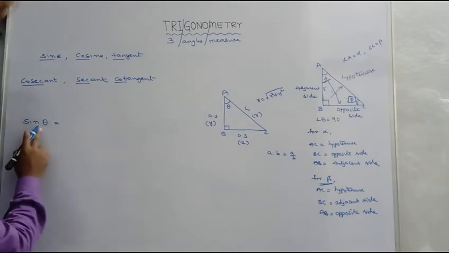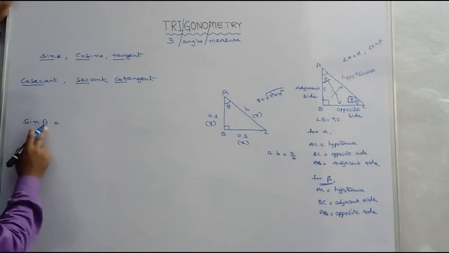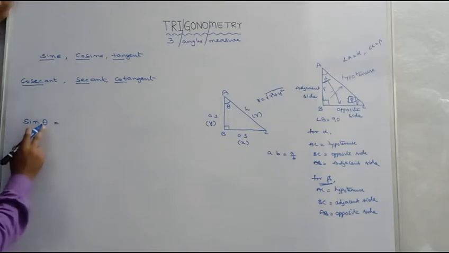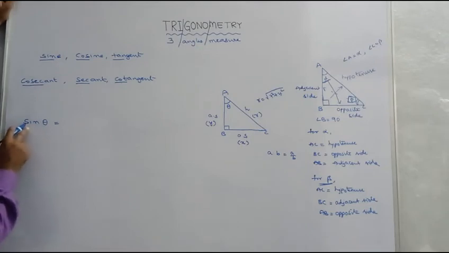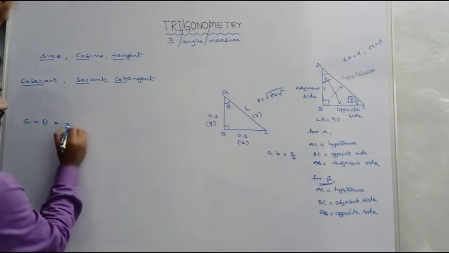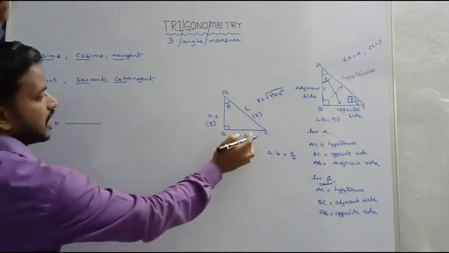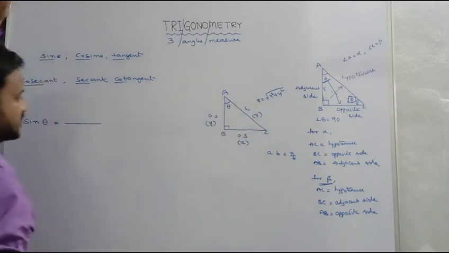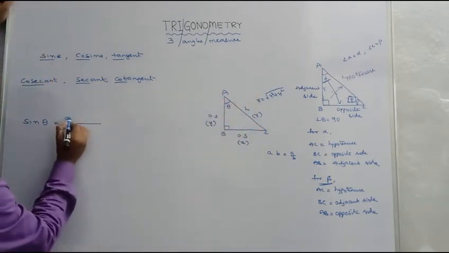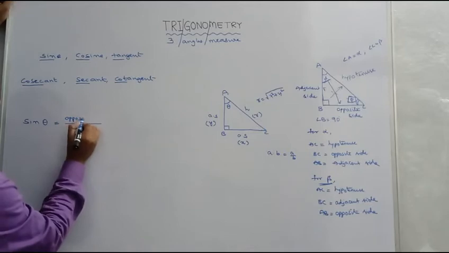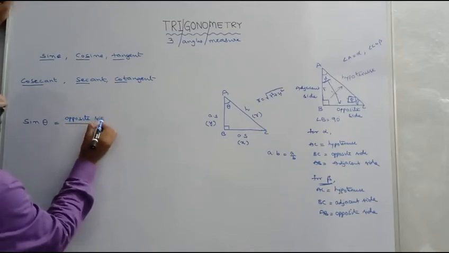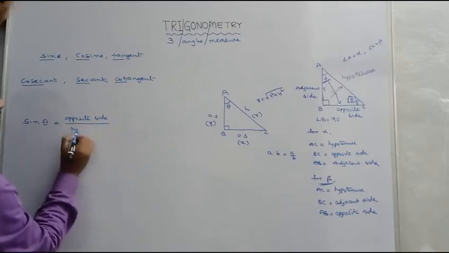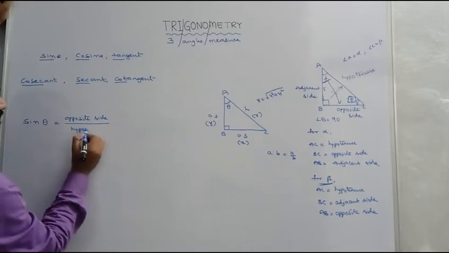You should represent the angle. For theta, sin is defined in this manner: the ratio between opposite side to hypotenuse. Sin theta is defined as the ratio between opposite side to hypotenuse.